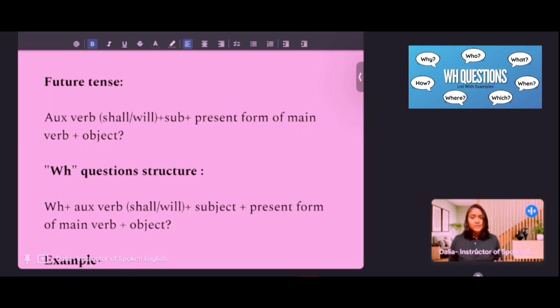Of course, they are also important, but people most of the time use simple future and future continuous tense. So here I'm going to work on how to make WH questions in simple future tense and future continuous tense.